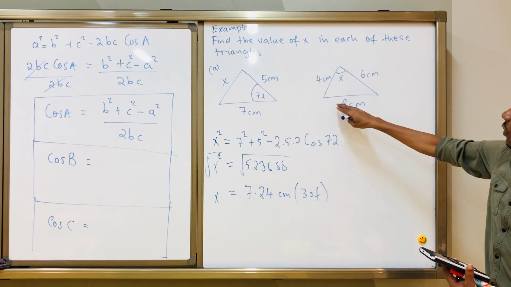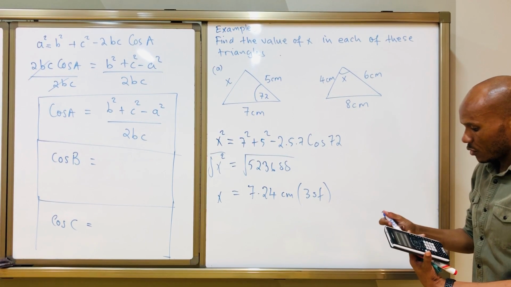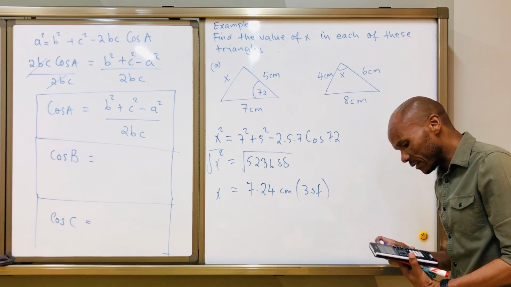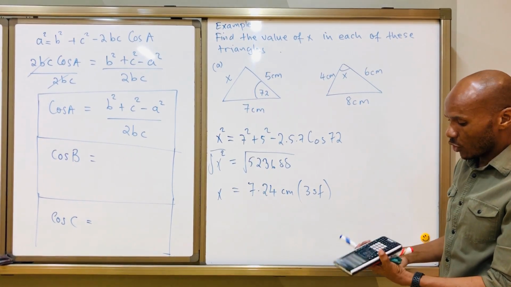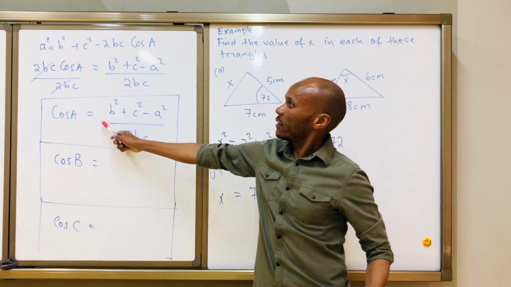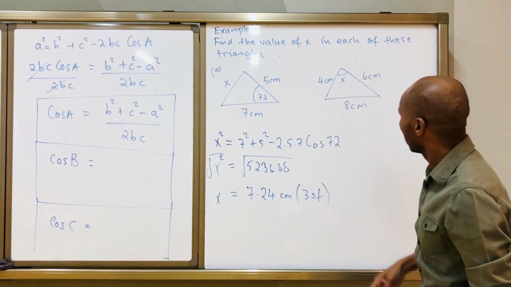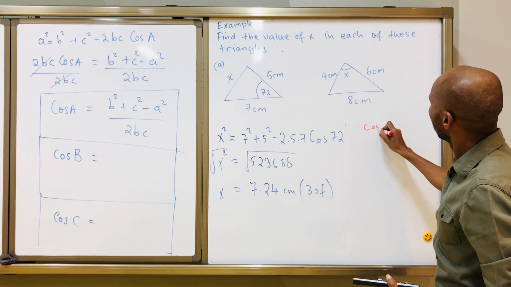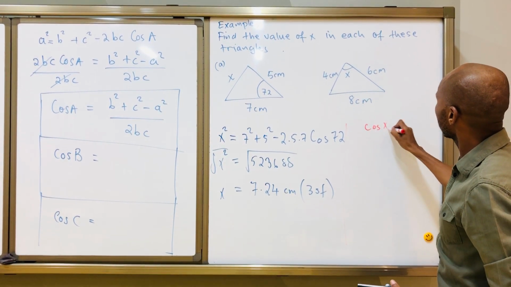And then now, what will you do to find the angle? So I want to find cos x. Remember what we have? This is what we have for cos x. So let's just draw a line here, and that will be cos x.